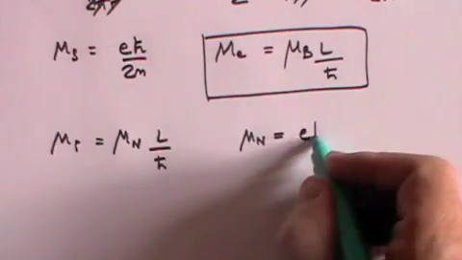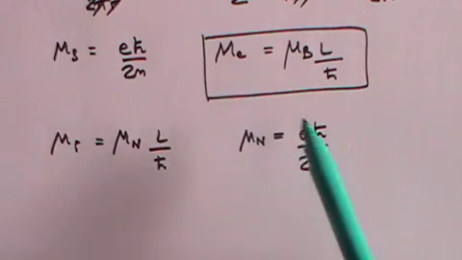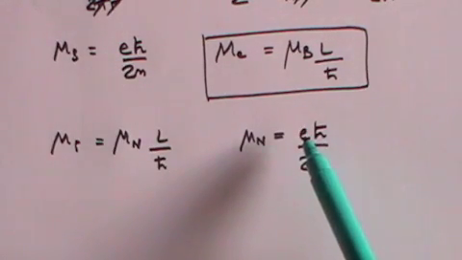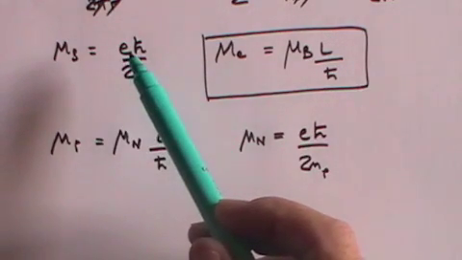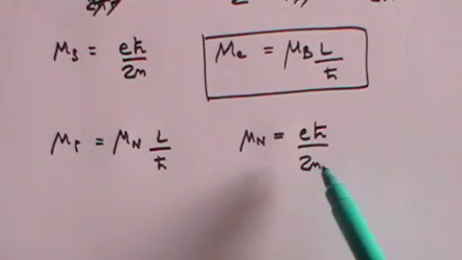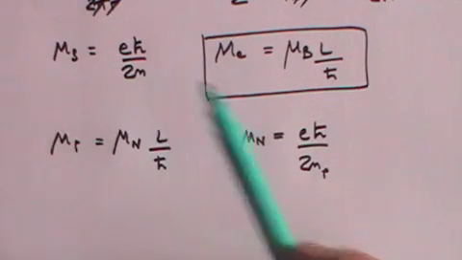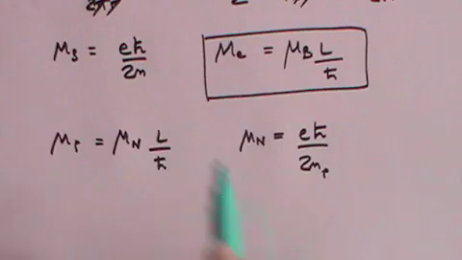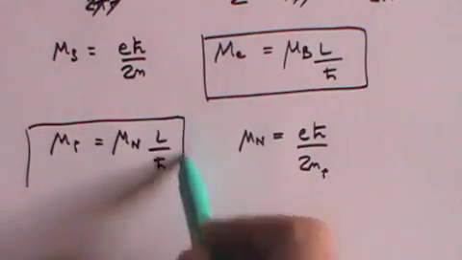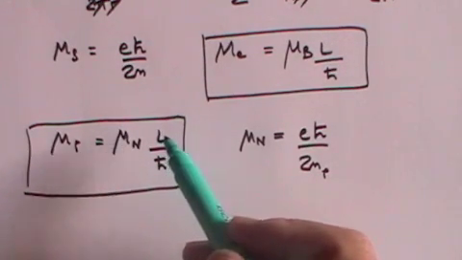It's eħ over 2m, but I'll put a little p there. What that means is e is the charge on the proton, which is of course the same as the charge on the electron, but with the opposite sign. ħ is the same, 2, and this is now the mass of the proton, whereas that was the mass of the electron. So very similar in concept. So this gives us the magnetic moment for the proton associated with the orbital angular momentum.